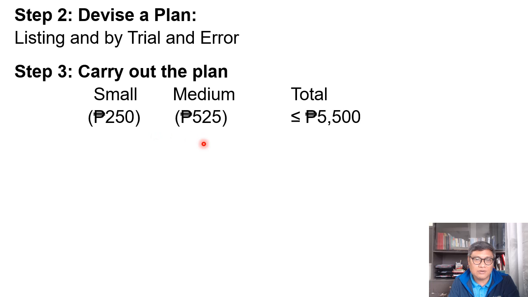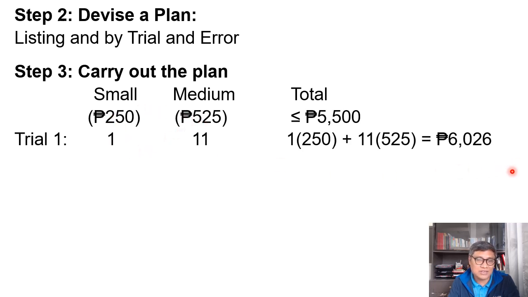By multiplying the cost by the number of boxes, remember class that there are 12 boxes all in all. So the first trial is only one small box but 11 medium boxes. If you multiply this with its costs, the total is 6,026, which is over the 5,500. So this is not a solution.